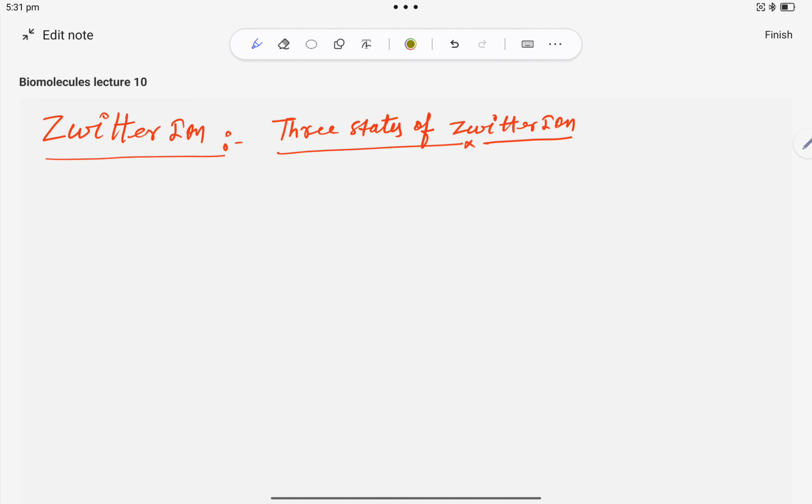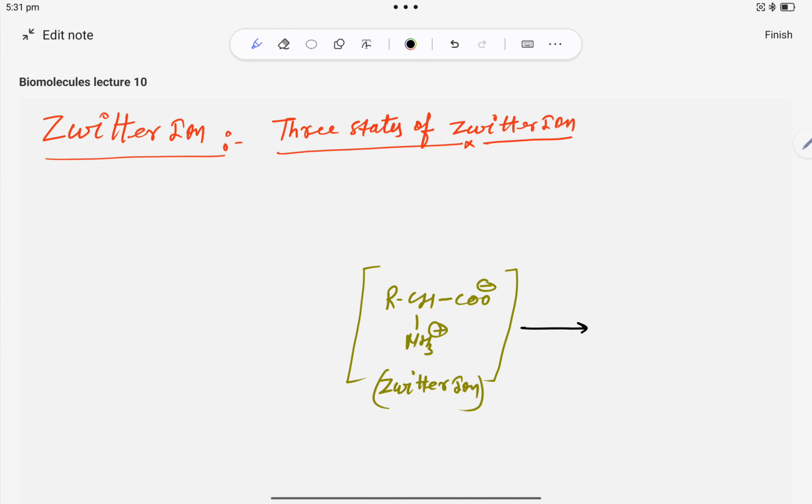So what is the zwitterion, children? R CH COO minus and here NH3 plus. That is the zwitterion. In that case, if this zwitterion is reacting with any acid, H plus, so what happened?